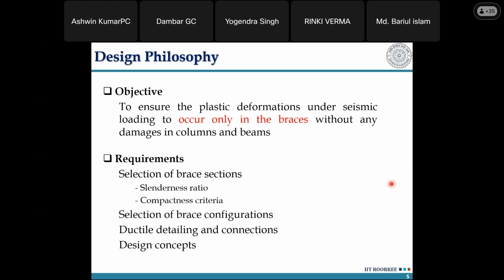Then the reason we call it special concentrically braced frame is like we call SMRF in RCC, where we do ductile detailing. For SCBF, the ductile detailing concept also comes in, which gives it additional strength and stiffness, so that it can undergo the larger deformation expected in a high seismic region, right?